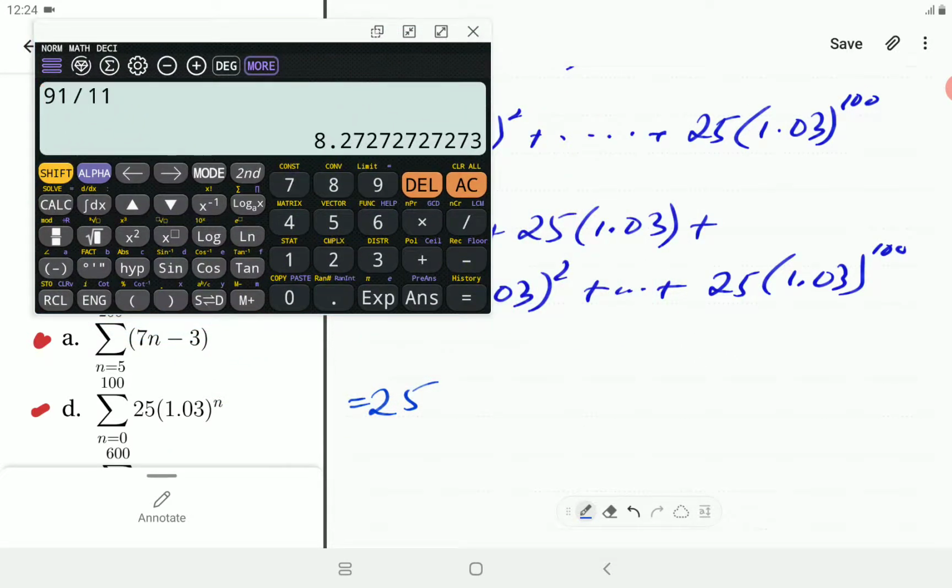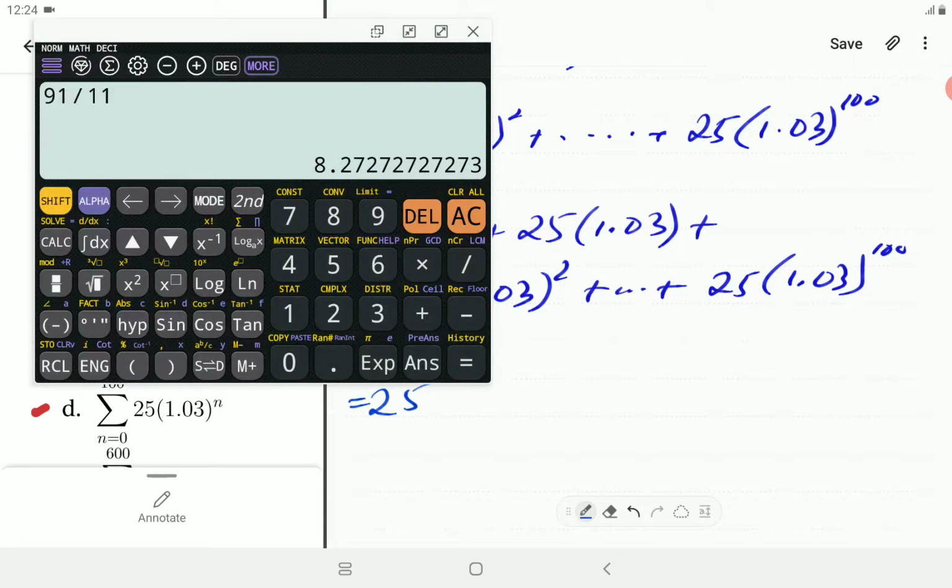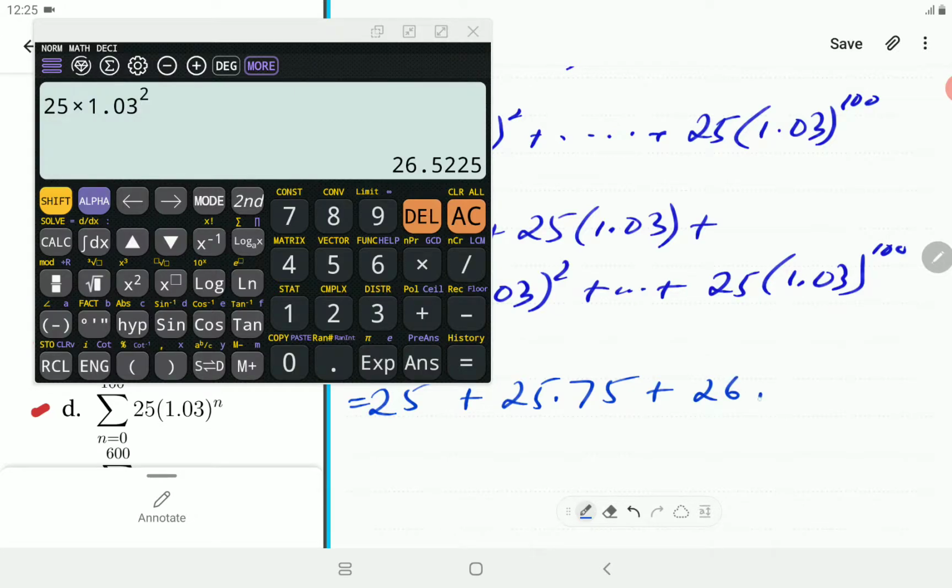So let's do 25 times 1.03, which is 25.75. And then 25 times 1.03 squared is 26.5225, and then this goes on.